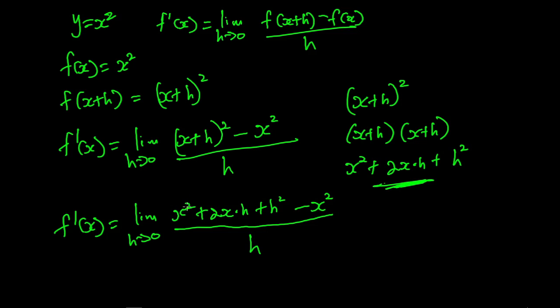So we have x squared there, and we also have minus x squared there. So this can go with this. Then we'll be left with f prime of x equal to the limit as h approaches 0 of 2xh plus h squared all over h.